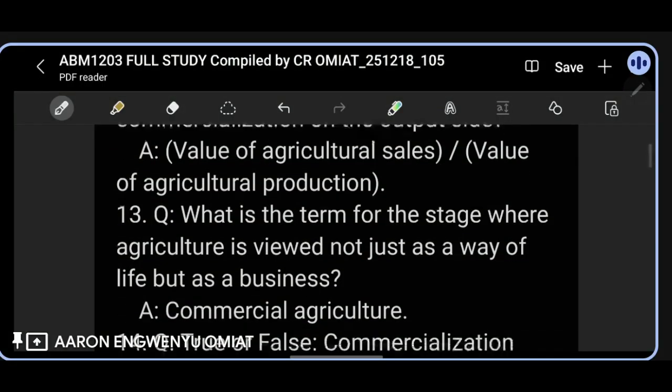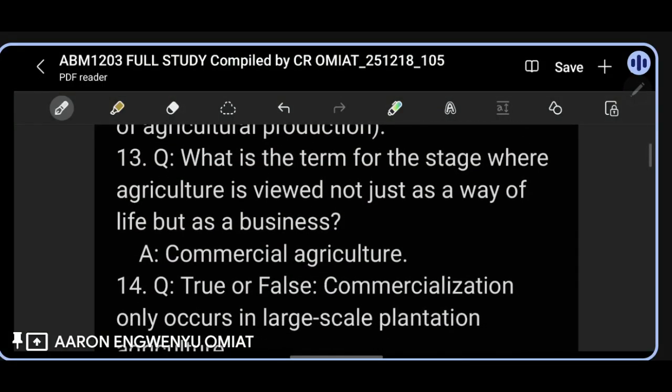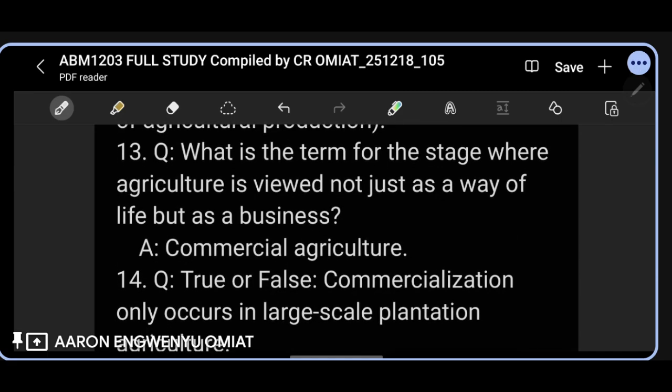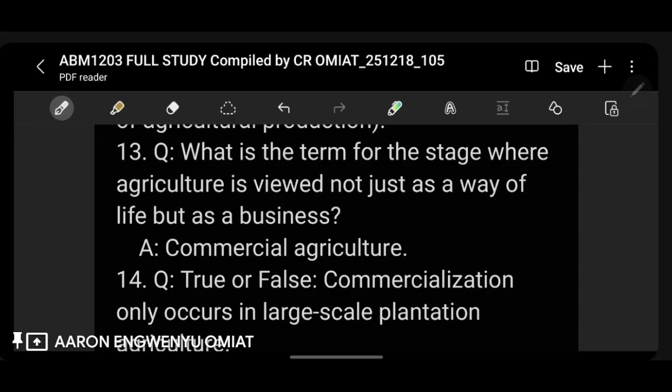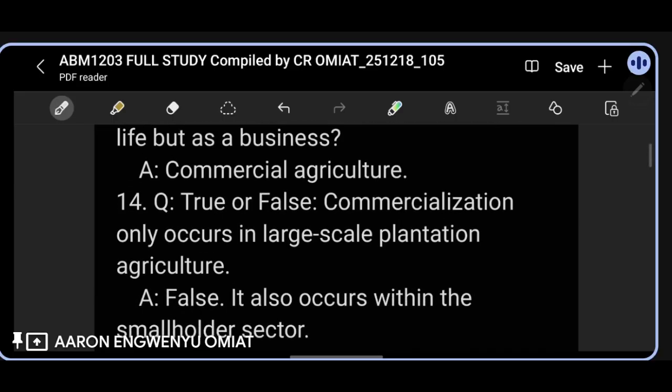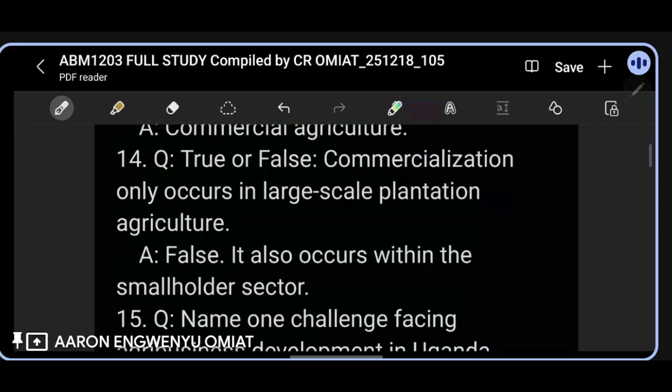It is commercial agriculture. Okay, 12 points. Agaton. Commercialization only occurs in large-scale plantation agriculture. It only occurs in large-scale plantation agriculture. I may go for true. So it is false because even smallholder sector can be commercial. As long as you're selling, it is commercial. You don't have to have a large farm.